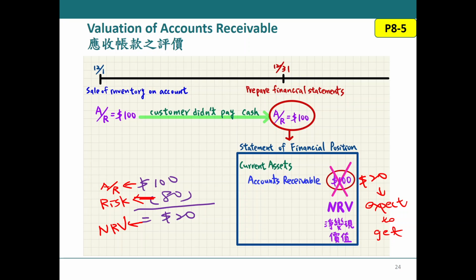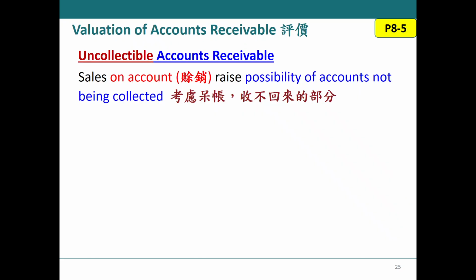No problem? Okay. So for the $80, we expect maybe we cannot get back in the future. So there's an uncollectible accounts receivable. Okay, so we think about this part, uncollectible.